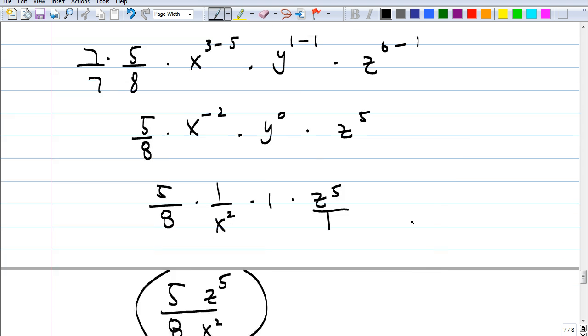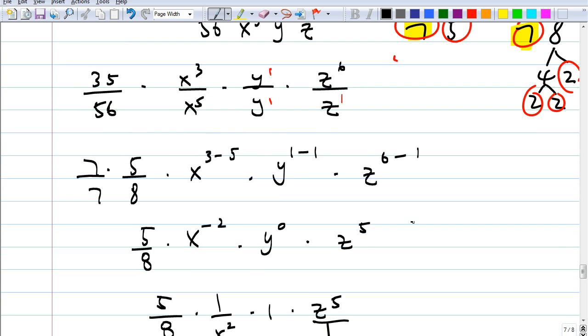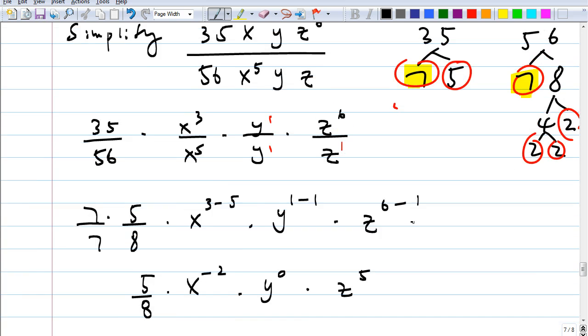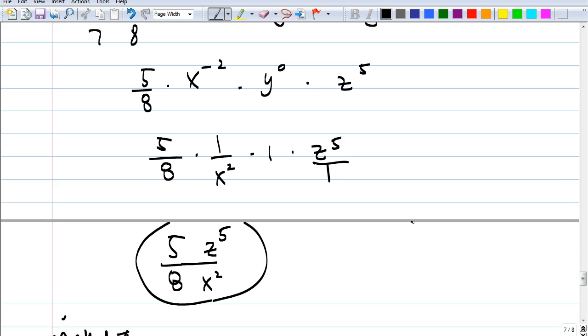How many people raise your hand if you got 5z to the 5th over 8x squared? Very good. Now, did you have to write the restriction? Yeah, because it didn't say anything. So x, y, z can't be 0. But on your homework, I think it's going to say all denominators are positive.